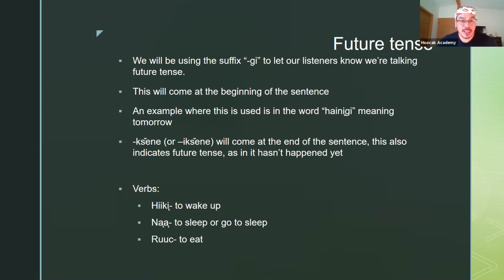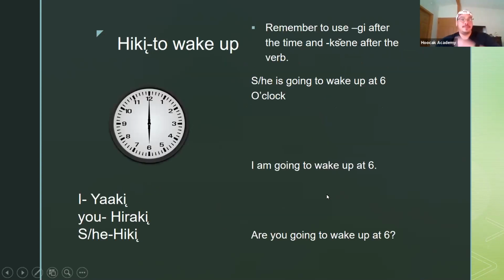The verbs we're going to be using are the same as the last video. Hiki, to wake up, na, to sleep or go to sleep, and waruch, to eat. I'm sorry, I made a mistake there. All right. So we have practice sentences on the right-hand side.